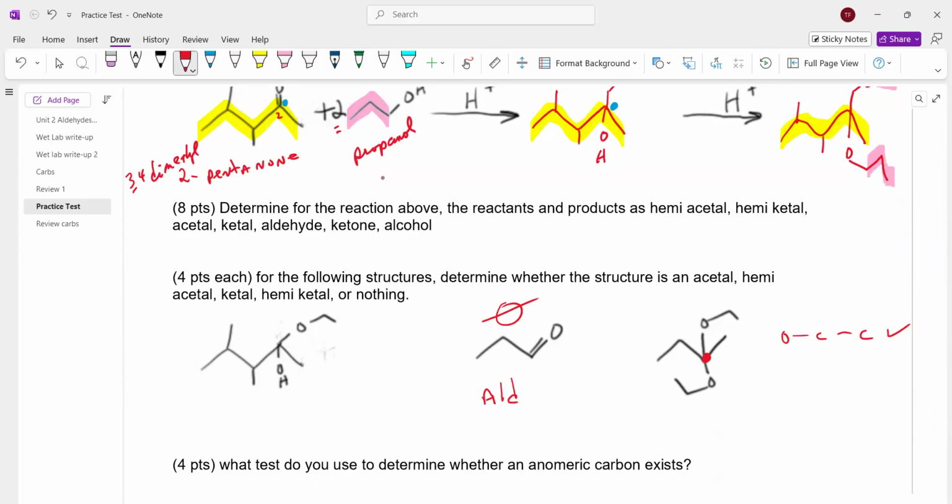We've got no H and no OH, so that means it is a ketal. This one has no H, an OH though. So this would mean this is a hemiketal.